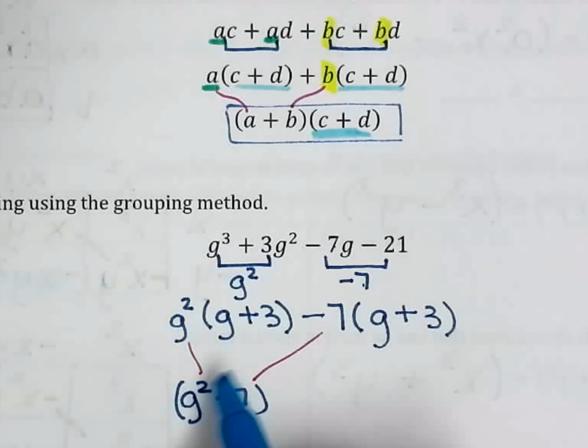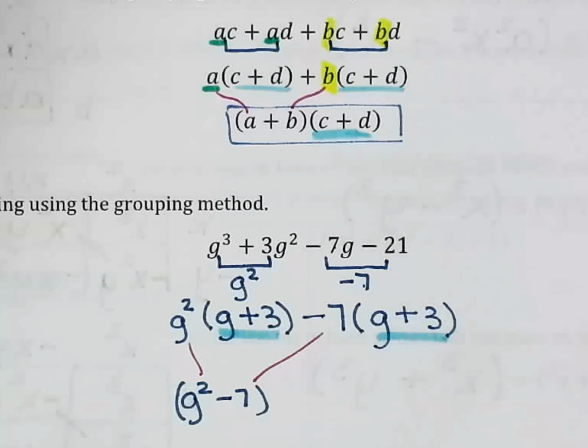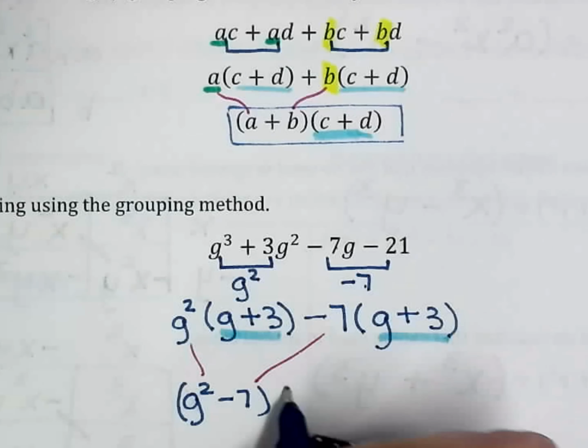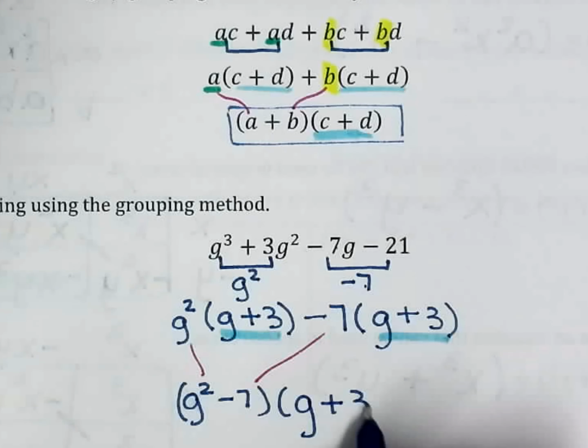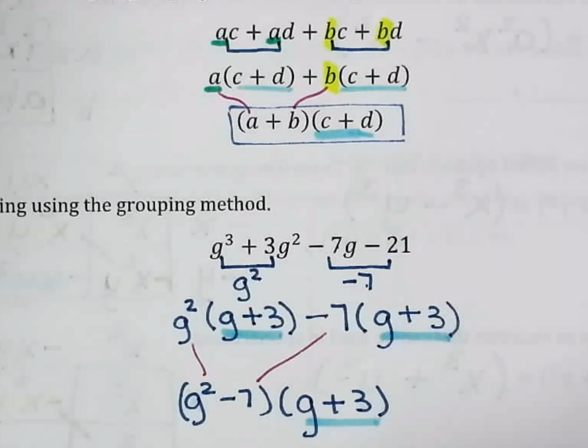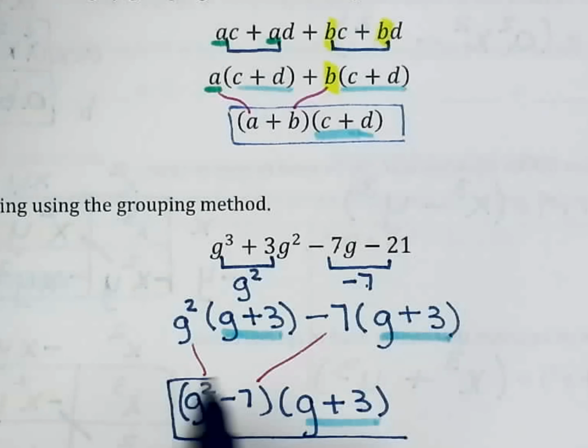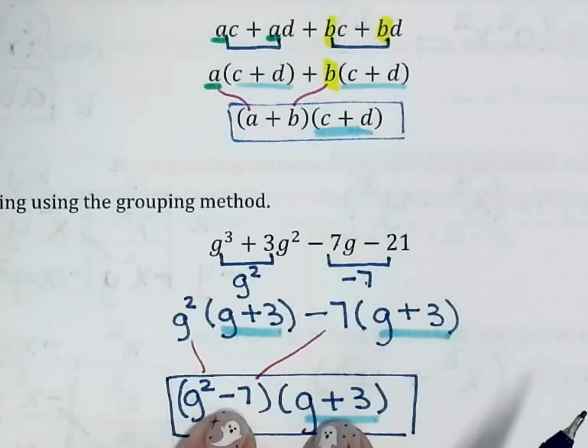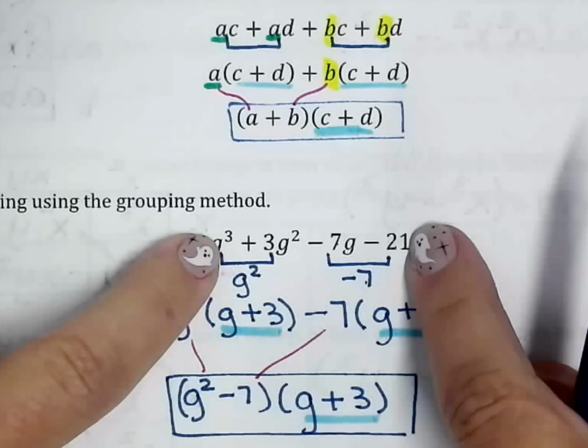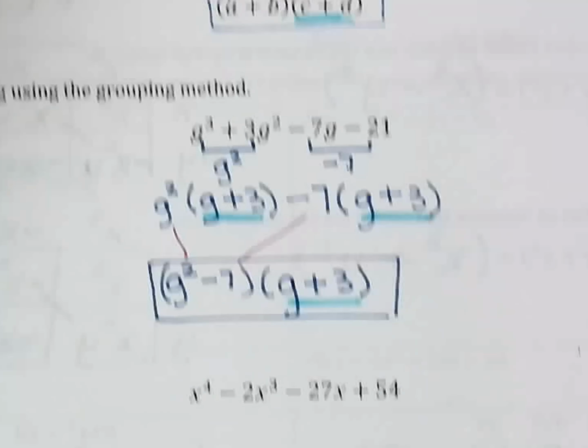And then since they match, that goes back to be the second term. So g plus 3. This came from over here. And if you want to double check your answer, you can always just FOIL this to go back to the question in standard form.